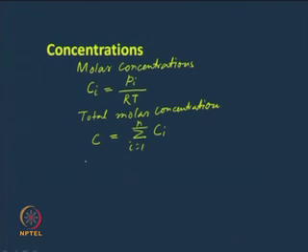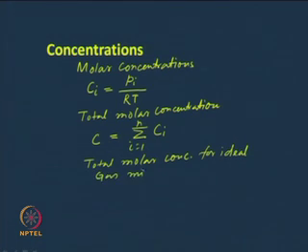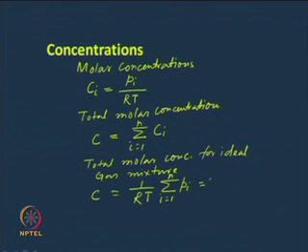Total molar concentration for an ideal gas mixture we can write as C is equal to 1 by RT times summation over i is equal to 1 to n of Pi, which is equal to Pt by RT.